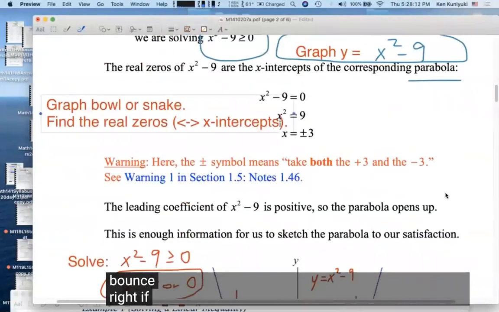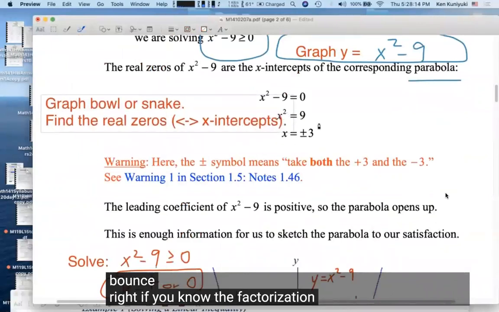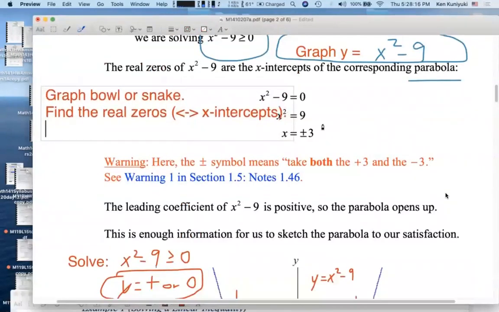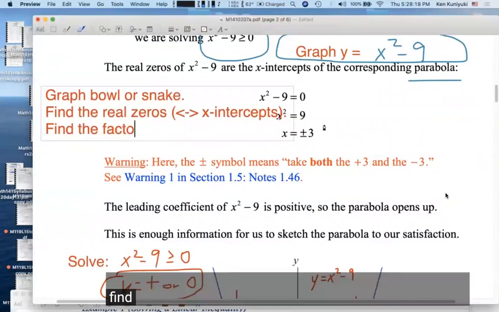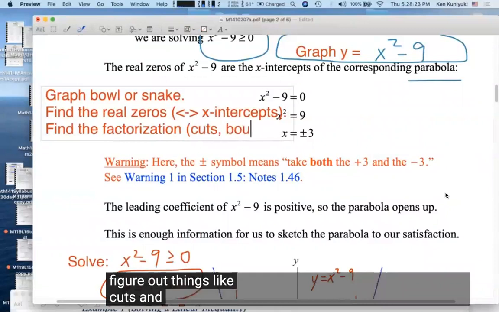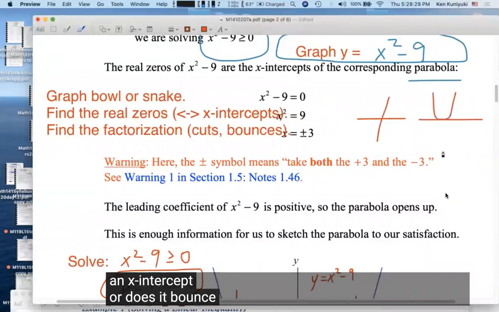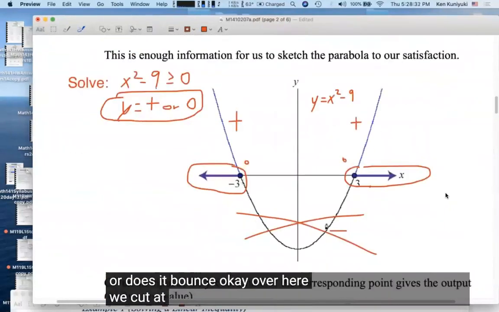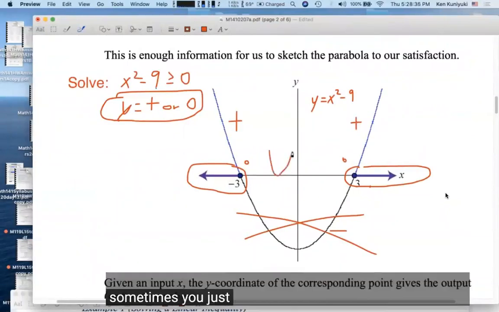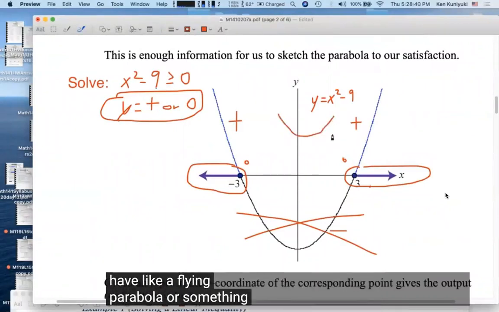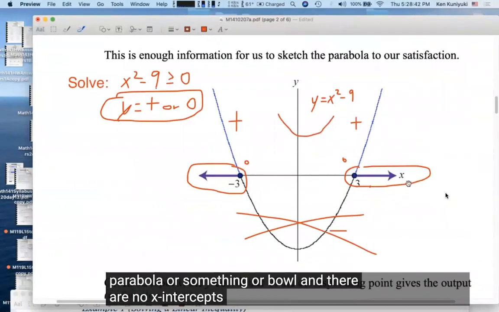If you know the factorization, find the factorization, and then you can figure out things like cuts and bounces. Does the graph cut at an x-intercept, or does it bounce? Over here, we cut at both the x-intercepts. Sometimes you have like a flying parabola, or bowl, and there are no x-intercepts whatsoever.